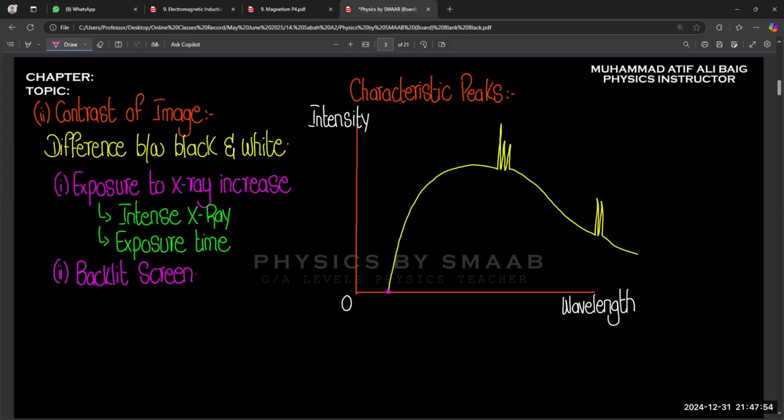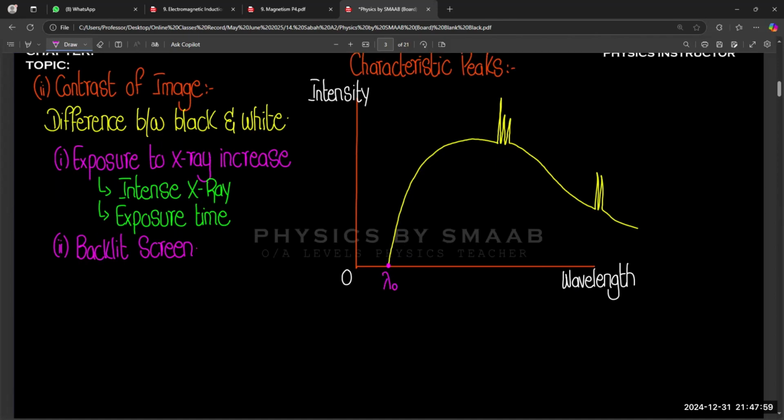Why did we start from there? This is lambda naught. This is the cutoff wavelength, because just like the information from the photoelectric effect, we know that some minimum amount of energy or value is required. So this is the minimum value for the wavelength. So this is called the cutoff wavelength.